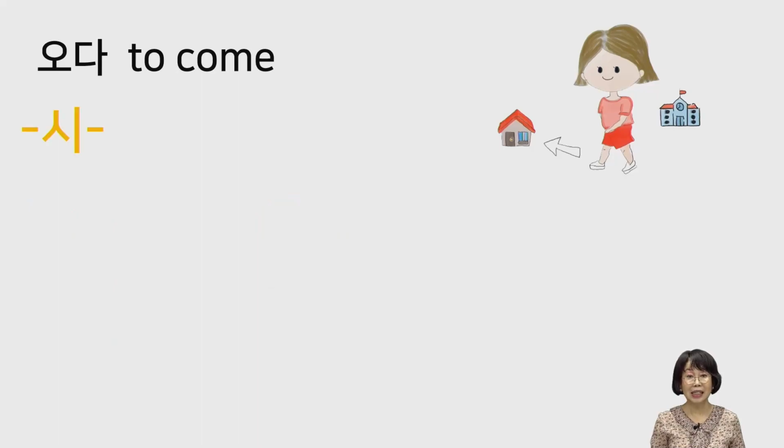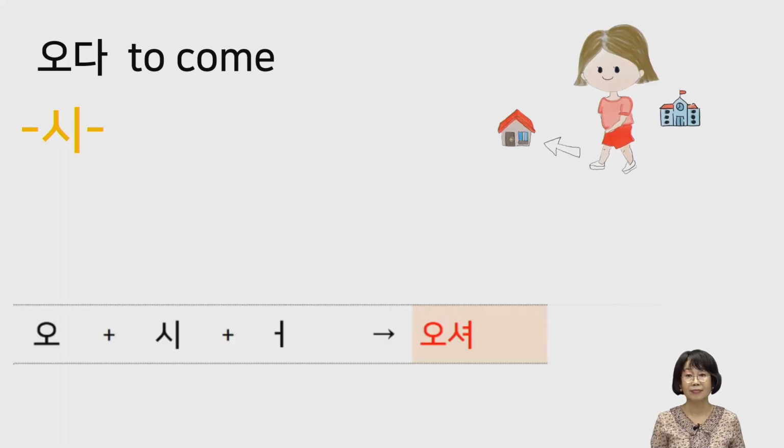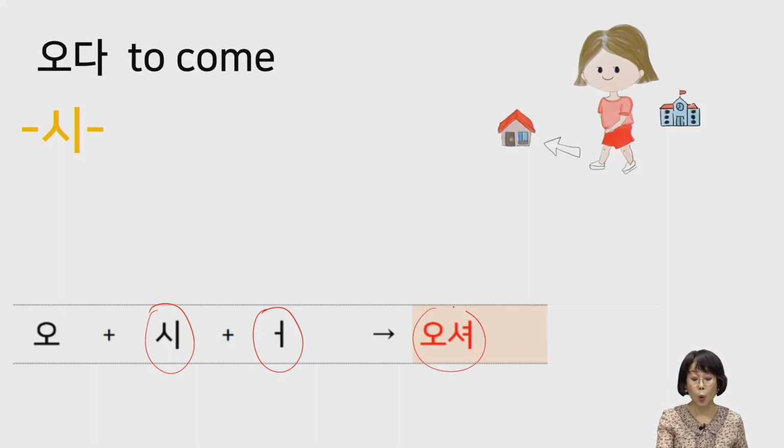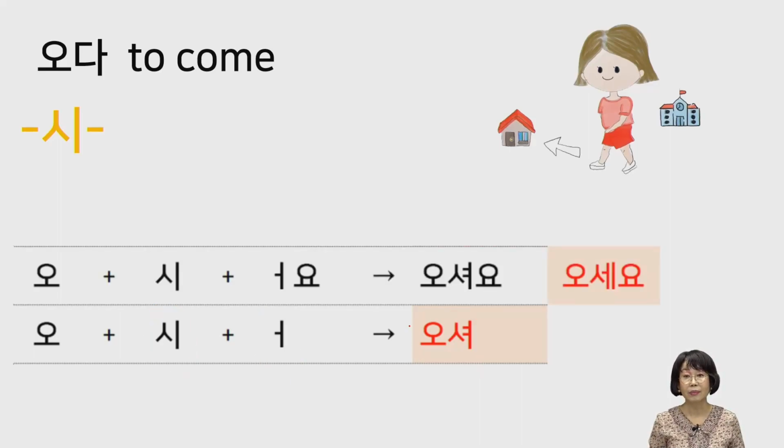Now, 시. You can use 시 to express some respect toward the subject of your sentence. 오시: 시 is a pre-ending honorific particle. 오셔: the stem 오 plus 시, the honorific pre-ending particle, plus 어요.